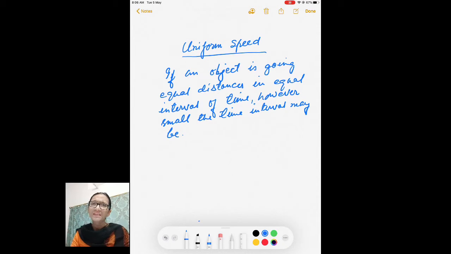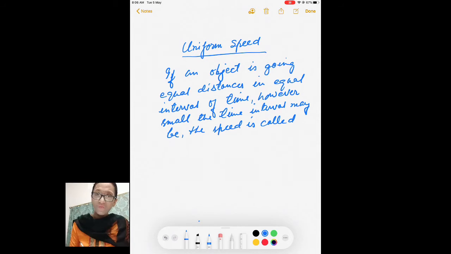So whatever be the time interval, smaller or bigger, you will be going equal distances in equal interval of time if you have uniform speed. Now, speed is a scalar quantity, so your uniform speed also is scalar quantity.